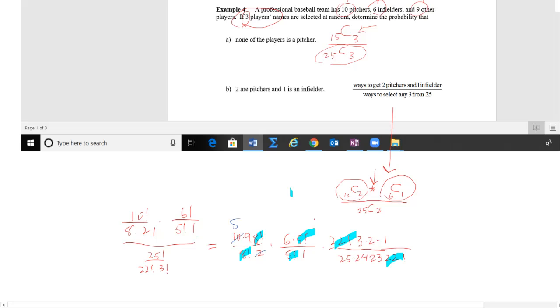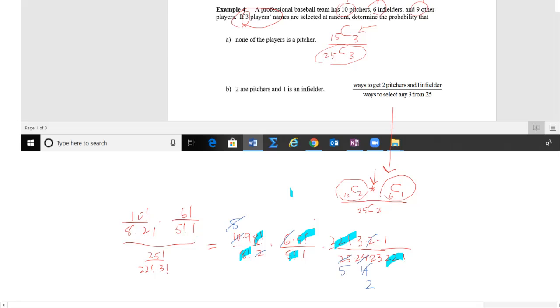We got a 6, get rid of that, make that a 4. This 5 can go with the 25, makes it a 5. 2 with a 4 makes that a 2.